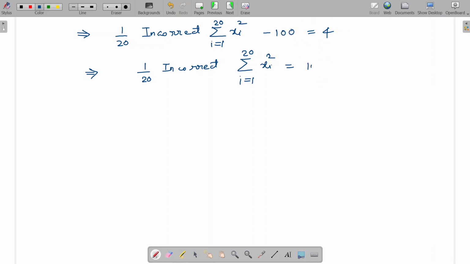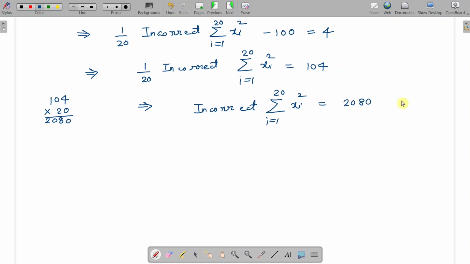So 4 plus 100 will be 104. So this implies incorrect summation i going from 1 to 20 xi square is equal to 104 times 20, which is 2080. So we will call this equation number 2.